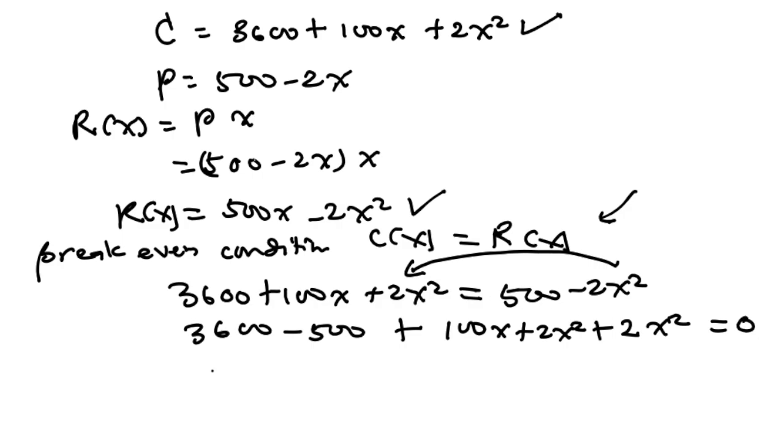When you solve it, you get this one, 4x squared plus 100x plus, what is it? So we have 3,600 minus, oh, I think I forgot x here. That's why it makes a mistake. Sorry. 500 is also x. So here minus 500x plus 100x, it becomes minus 400x. Sorry about the mistakes. Let me erase it first.